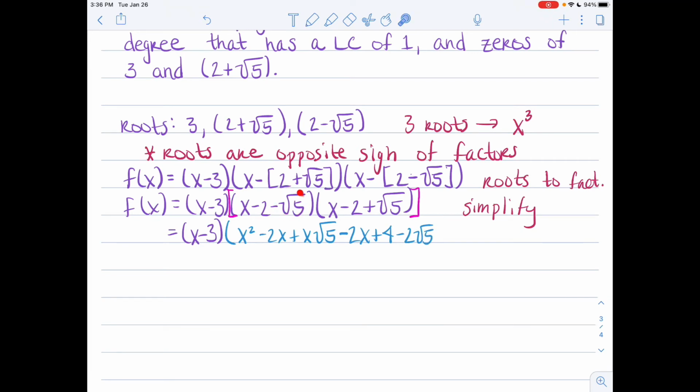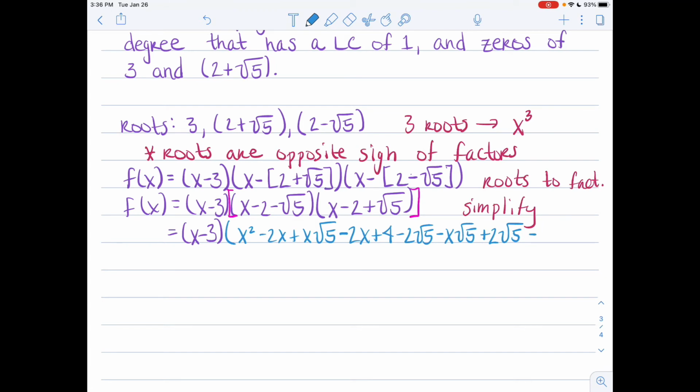Finally, moving to my negative square root of 5, multiplying it by all 3 terms, I'm going to have a minus x square root of 5, and then a plus 2 square root of 5, because the 2 negatives will be positive, and then I'm going to have minus, because a negative and a positive here, square root of 5 times square root of 5. So think about that for a second.